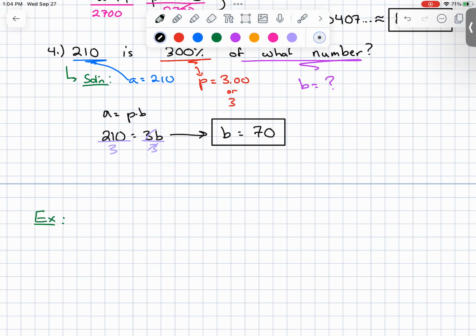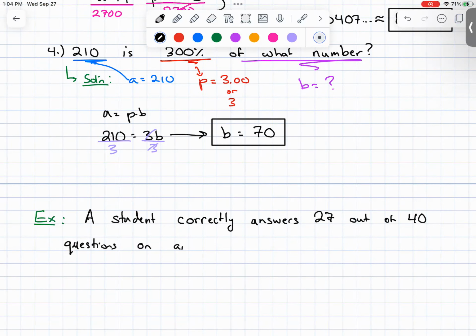So, a student correctly answers 27 out of 40 questions on an exam. What percent is this?